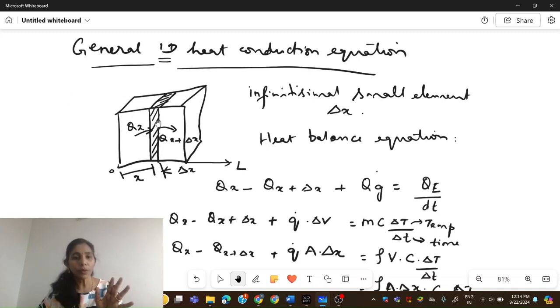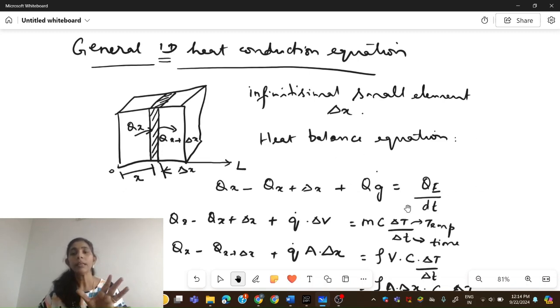Looking at this element, the heat entering the element minus the heat leaving the element, qx minus qx plus delta x, plus the heat generated inside, q dot g, equals the change in internal energy. So this is the simple balance equation, right?